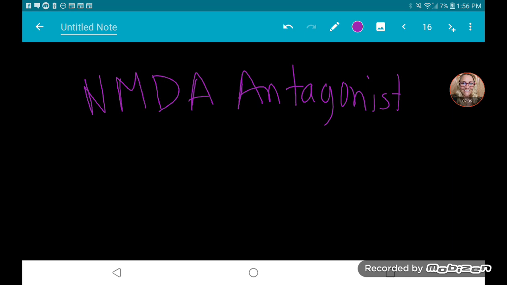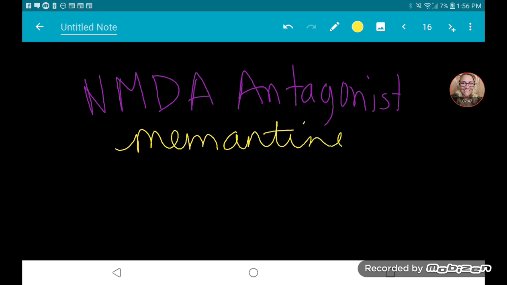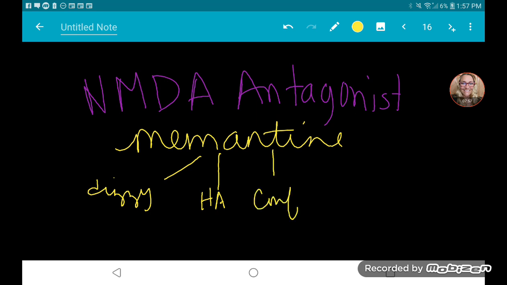Adverse effects of memantine are usually minimal. Memantine is usually well tolerated. But the most common side effects include dizziness, headache, confusion, and diarrhea or constipation.